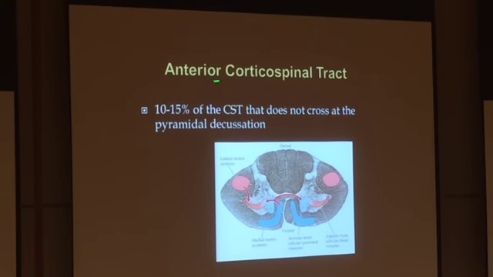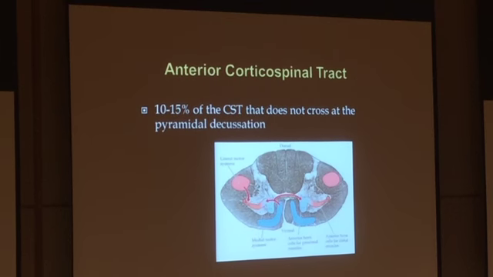Okay, and then finally the anterior corticospinal tract. Remember, out here we have the lateral corticospinal tract. The anterior corticospinal tract refers to about 10 or 15% of the corticospinal tract that does not cross in the pyramidal decussation. So all of those fibers do not cross; some will continue on the same side.